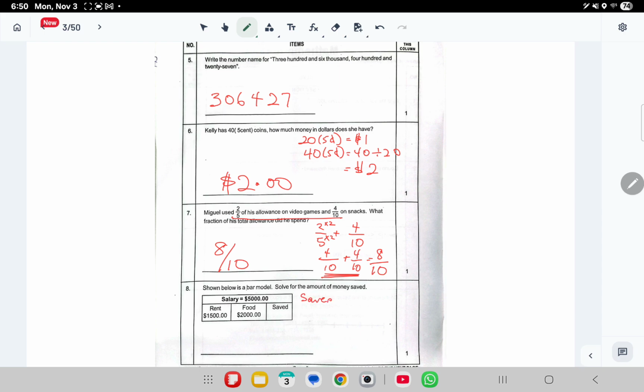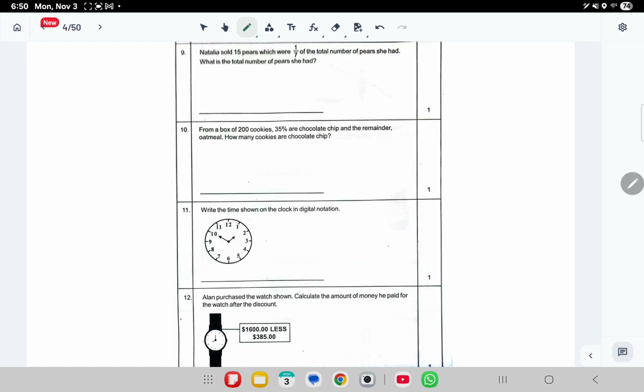So to calculate the amount saved, it would be the 5,000 take away the sum of the 1,500 and the $2,000, and that will leave us with $500. So the amount saved will be $1,500.